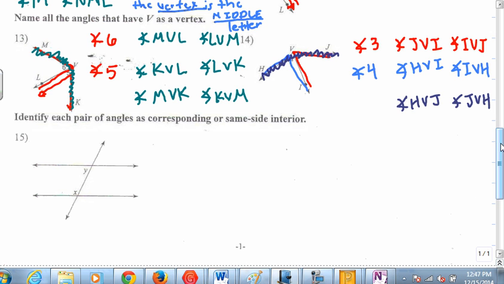Are there any questions that we have about naming all of the angles that share V as a vertex?